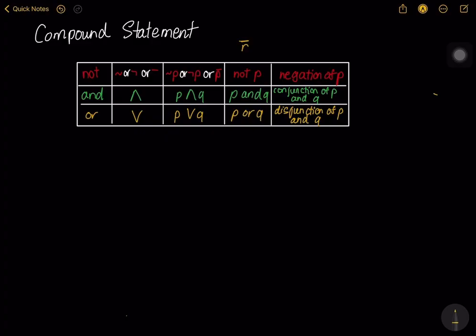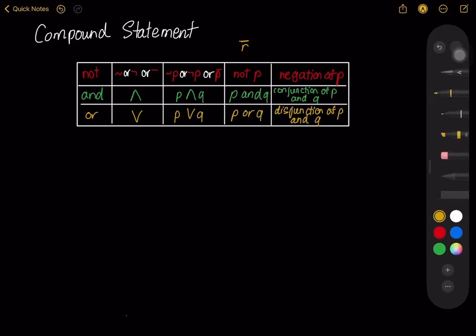And the symbol of and is like an upside down V, and you can imagine it like this: you have a horizontal line across it, and then you put and. So that's how you remember and recognize which one is and or which one is the or operation.